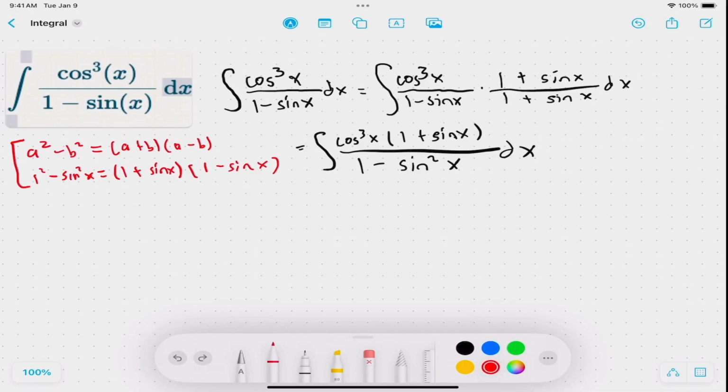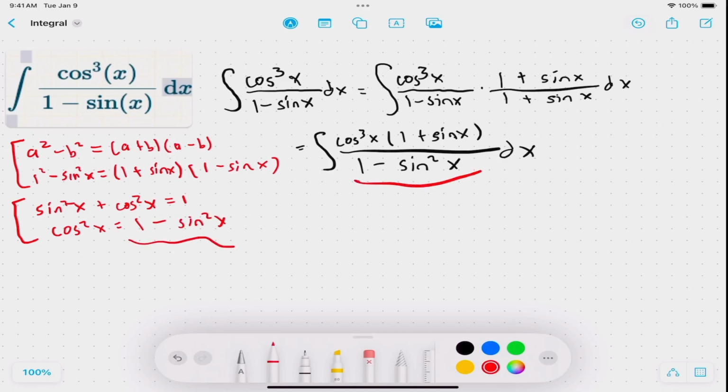So now we should be able to recognize this from trigonometry. In trigonometry, we're told that sine squared of x plus cosine squared of x is equal to 1. And we can move sine squared of x to the other side. That tells us that cosine squared of x is 1 minus sine squared of x, and that's what we have here.